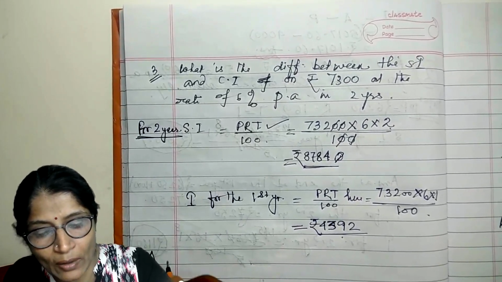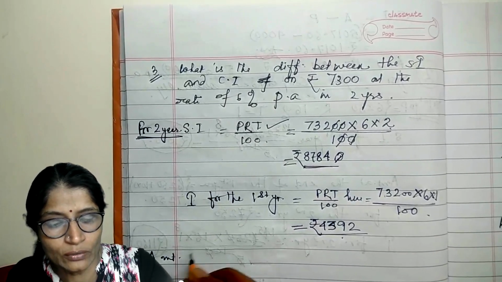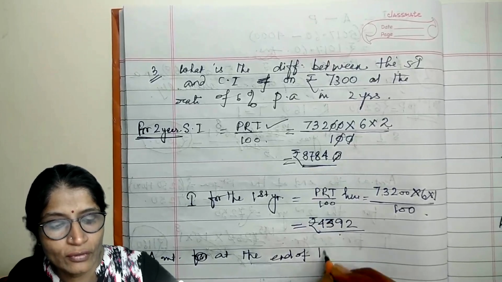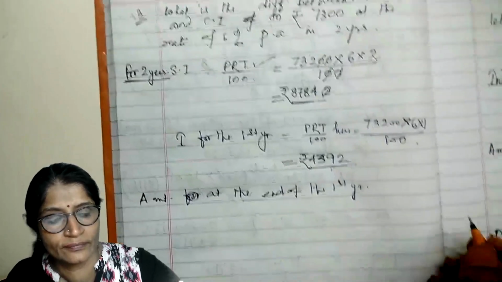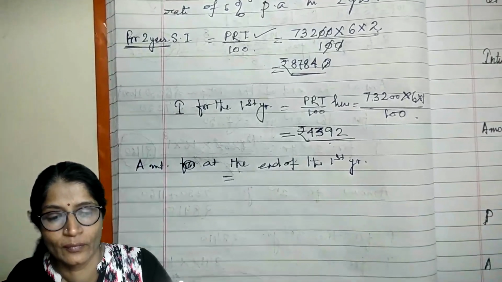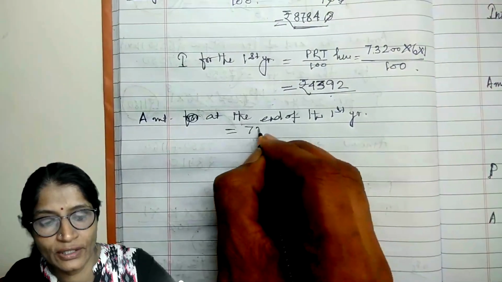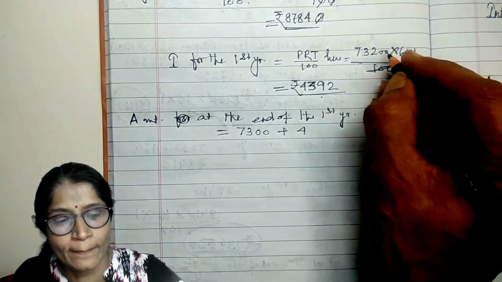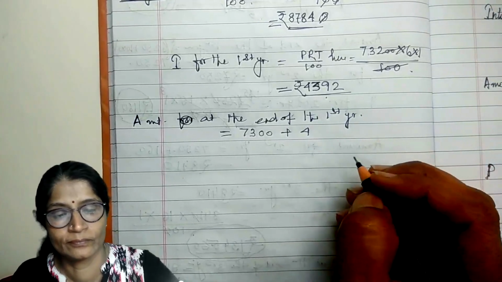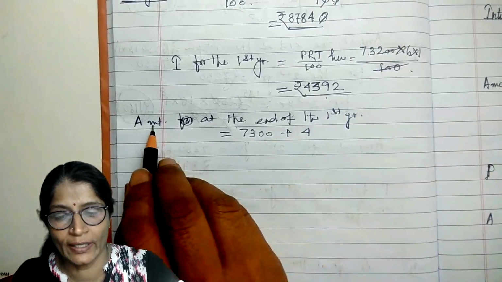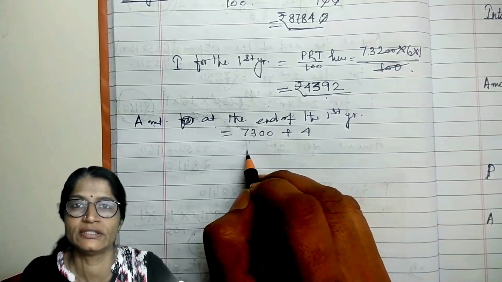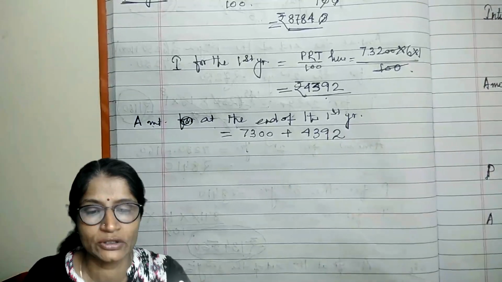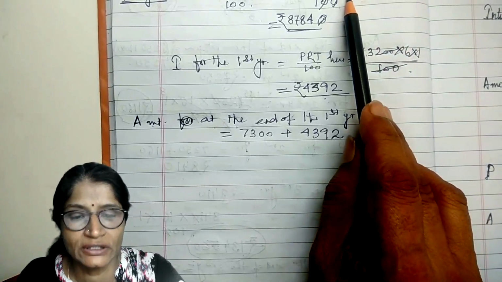So amount at the end of the first year is equal to 7300 plus 4392.